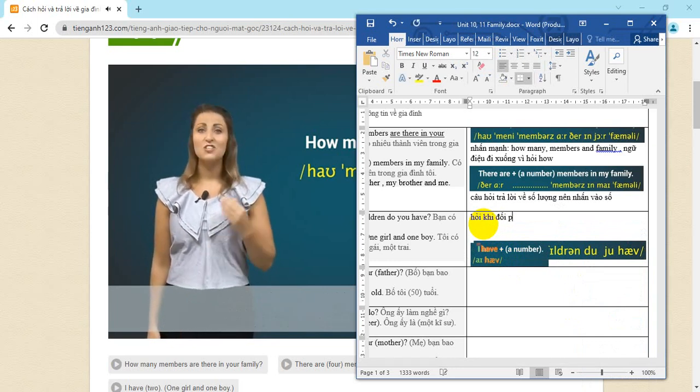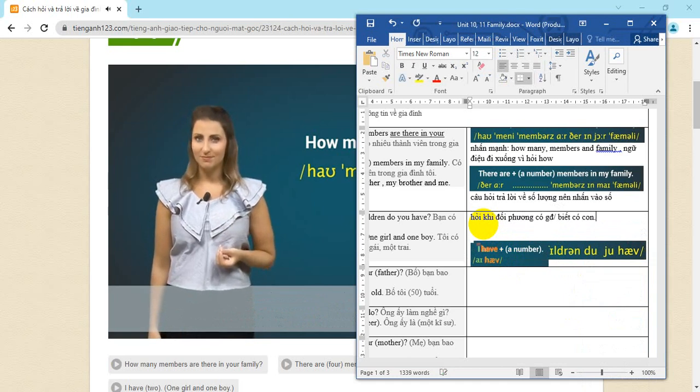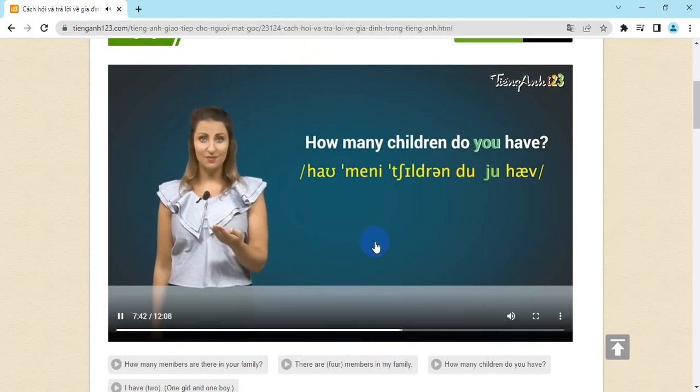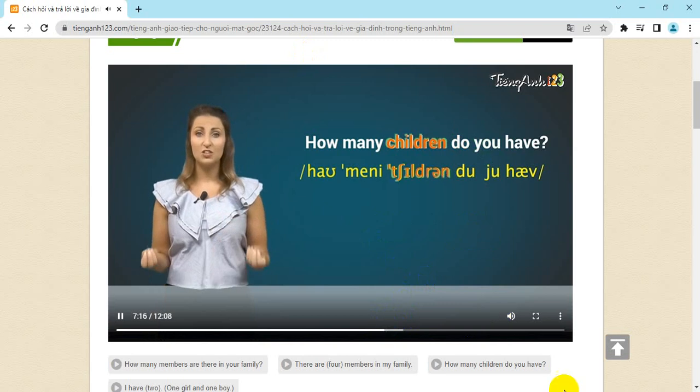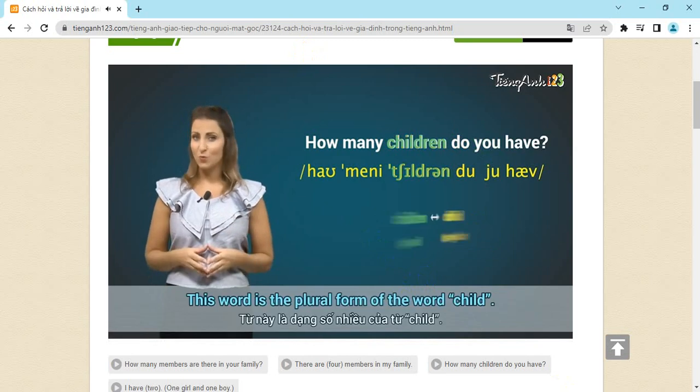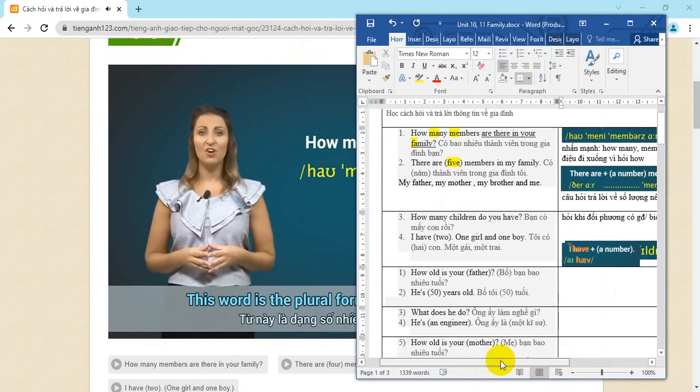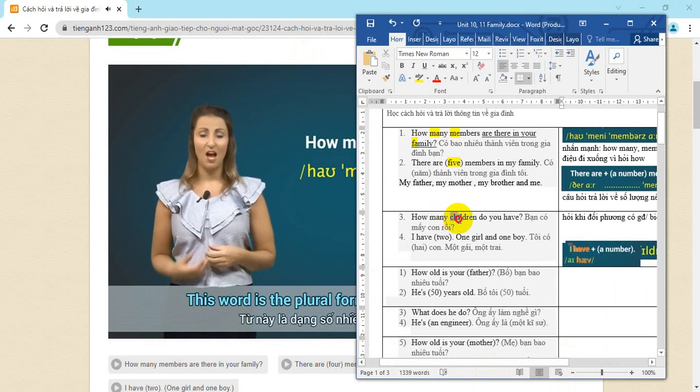Listen. Children. Do. You. Children. This word is the plural form of the word child.